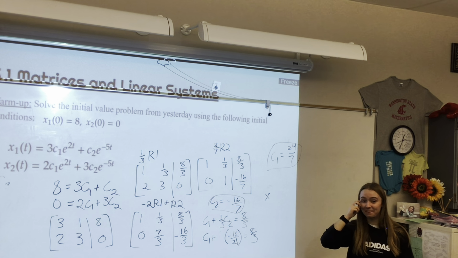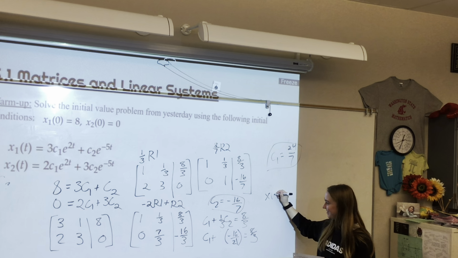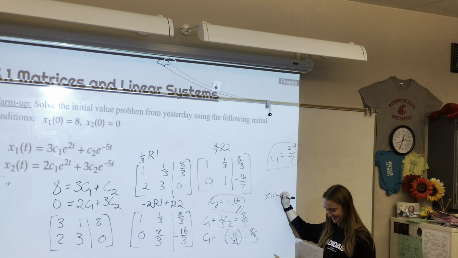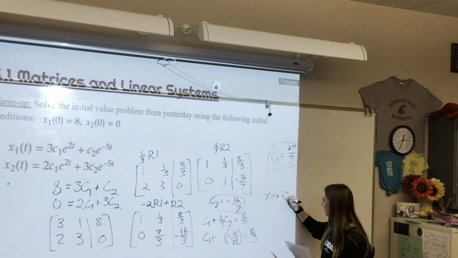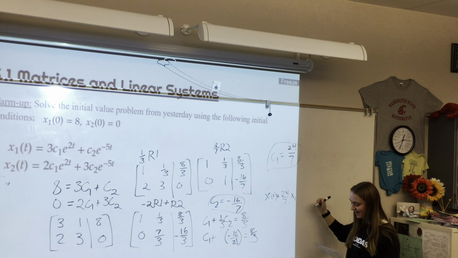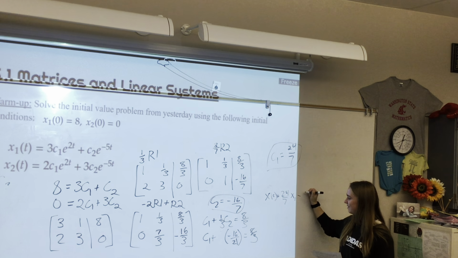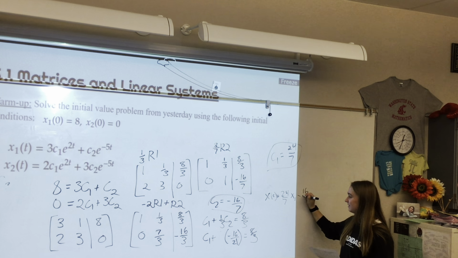Maybe? I think so, yeah. So that one equals, x of t equals, nice job, 4 over 7, 2 by 1 matrix. You don't have to write that matrix. You can just go x sub 1. Oh yeah, that's convenient. Okay, then plus C2, 8 over 3, negative 16 over 7.